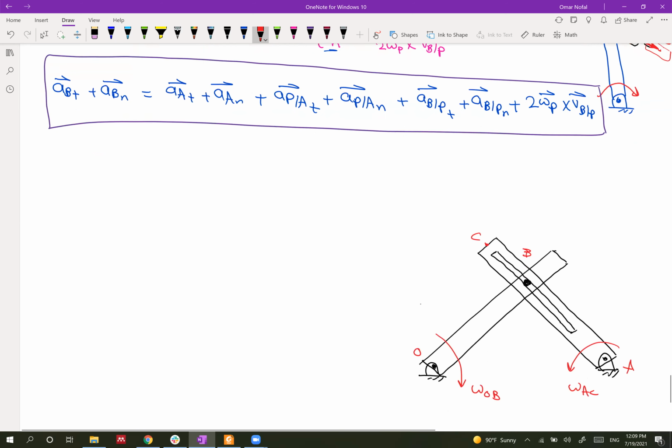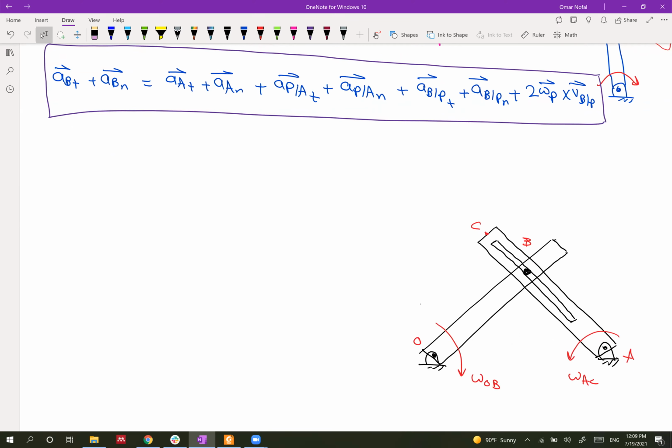So if we want to know which one is sliding on which one, you will have the groove here, and this is the point on this body, and let's call this P, and you have the other body that intersects on this one, and it has the point P.